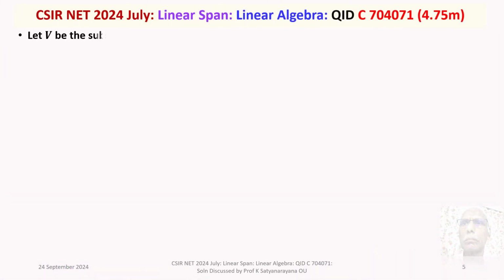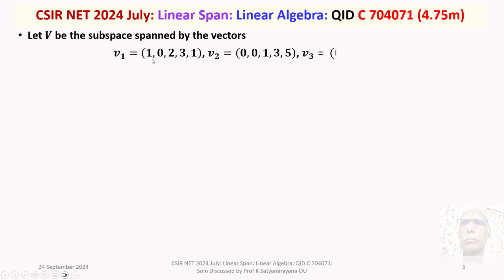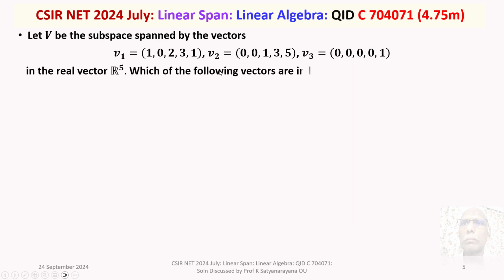Right. The given question is: let V be the subspace spanned by the vectors v1 equal to the 5-tuple (1, 0, 2, 3, 1), v2 equal to (0, 0, 1, 3, 5), v3 equal to (0, 0, 0, 0, 1) in the real vector space R^5.